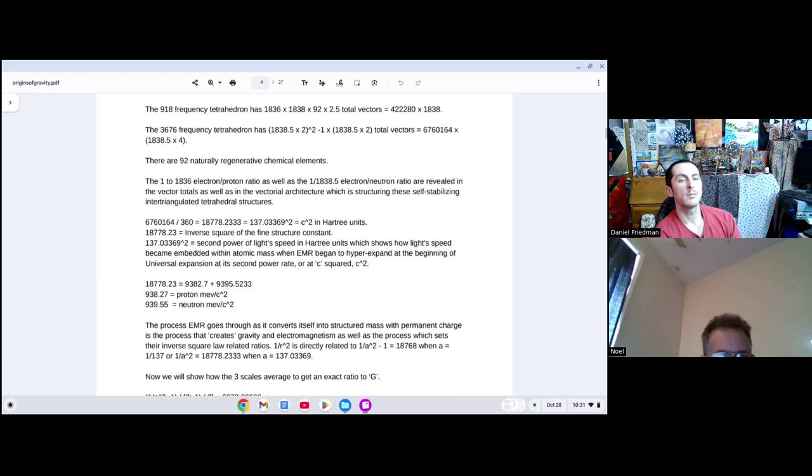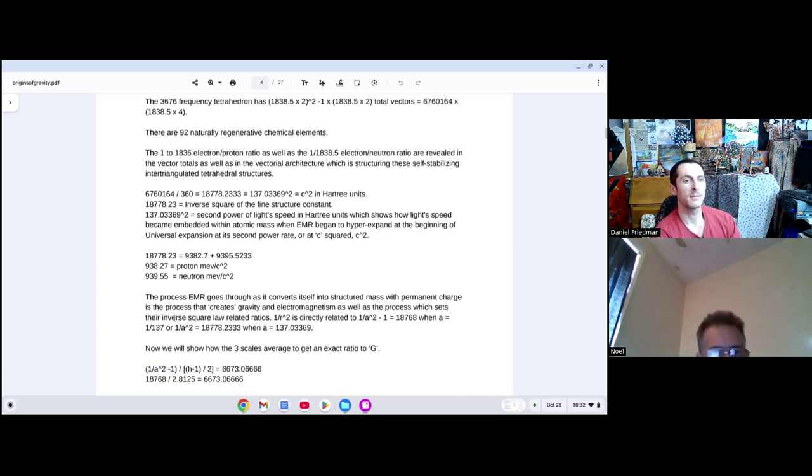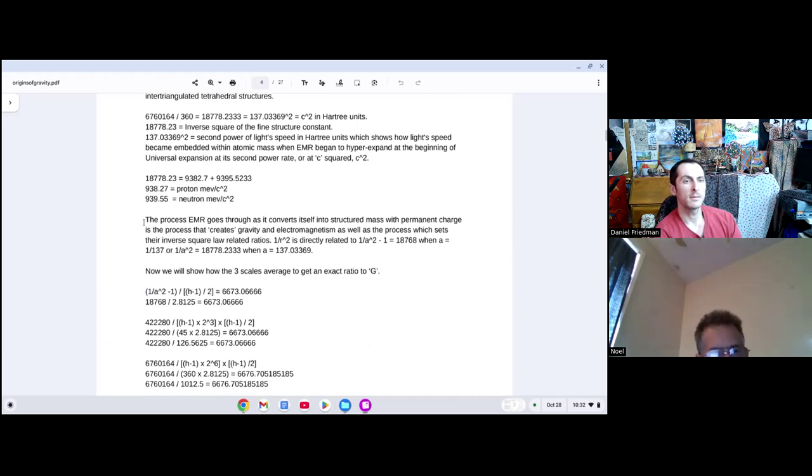Well, notice then that this number right here, which is basic math, 667 divided by 360 gives us the inverse square of the fine structure constant. As revealed by Synergetics, we get the exact proton and neutron mega electron voltages. So see, there's just too many coincidences within this whole metric I discovered to think that it's all just a coincidence.